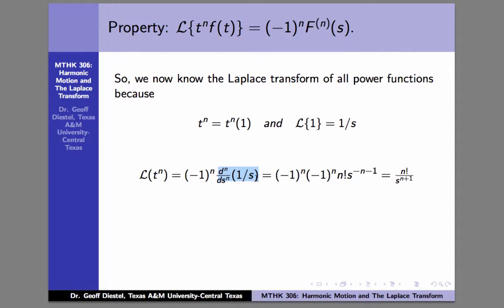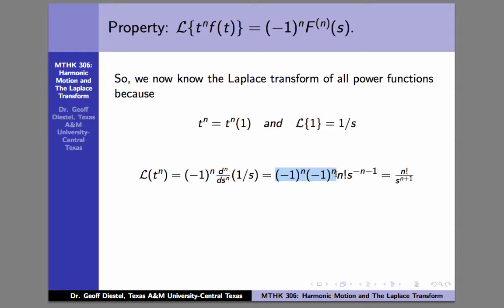But 1 over s is s to the negative 1 power. So every time I differentiate that, I'm going to take the negative 1 down, negative s to the negative 2, then times negative 2, s to the negative 3. Keep track of all that. You're going to get, again, these negative 1s are all going to cancel each other out. And what you're going to end up with is negative 1 times negative 2 times negative 3 and so on.